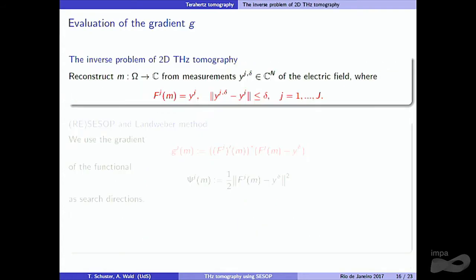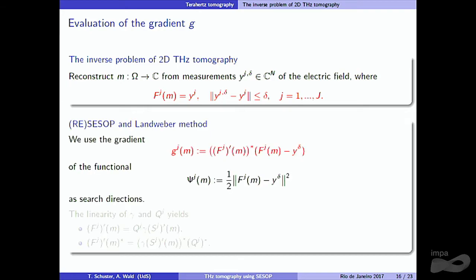Okay, so now our inverse problem reads as follows. Compute m as solution of all these nonlinear equations, where we have noise level delta. And we have to compute the gradient of our least squares data fitting functional. Well, F_j star is obvious because Q_j and gamma are linear.